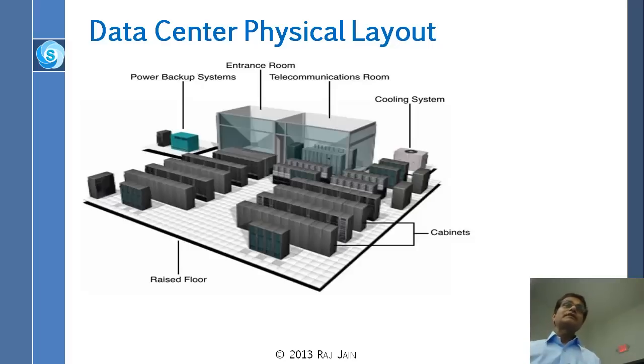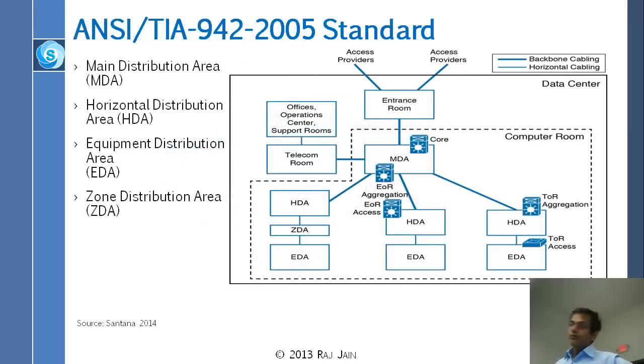But in my days, basically you went and plugged it in. So that is what distribution area means. There is the MDA, main distribution area, then the horizontal distribution area, and then the equipment distribution area. The equipment distribution area is basically the racks. And to get to the rack, you go through the horizontal distribution area.